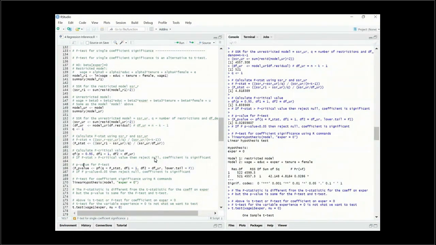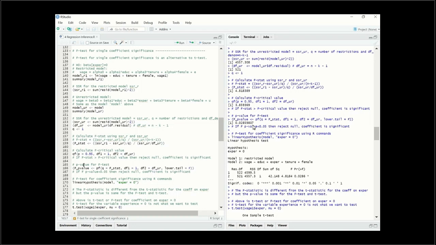And then the degrees of freedom for the unrestricted model, that's basically the degrees of freedom in the denominator. And here lower.tail is FALSE because we have an upper tail test. And this is the p-value for the F test, which is less than 0.05, and therefore we are concluding again that the coefficient is significant.